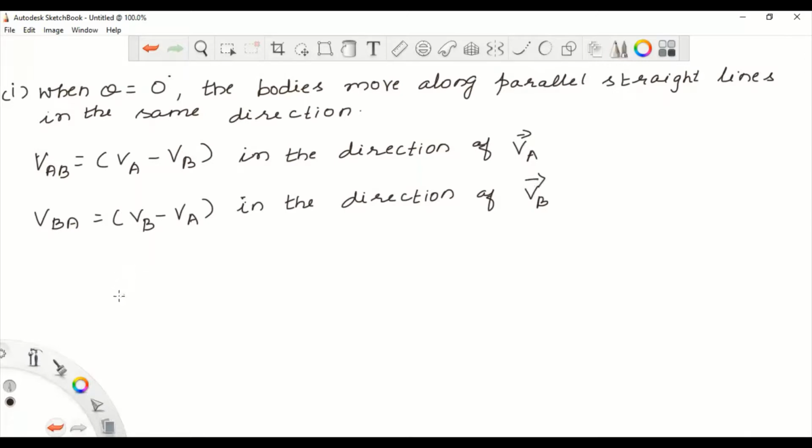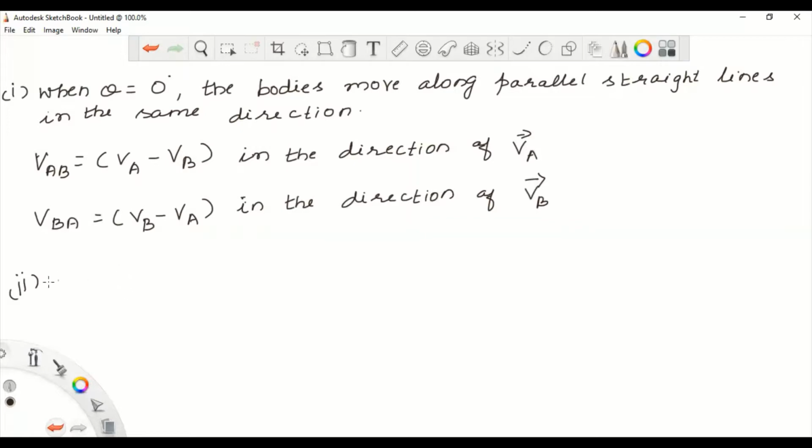Okay. So now let's see the second special case. That is, this is very simple, children. You are substituting the value of theta is equal to 0 degree in the formula what we discussed. That is root of VA square plus VB square minus 2 VA VB cos theta, which is very, very simple.